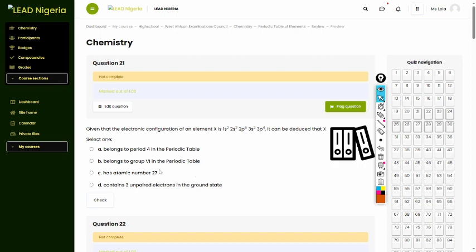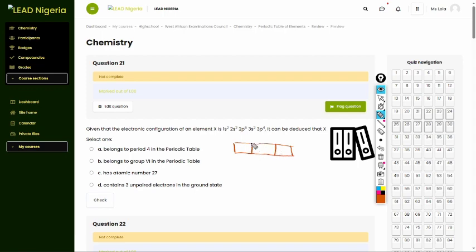So does it have 3 unpaired electrons in the ground state? We can find out by drawing the p orbital and fitting in the 4 electrons to see how many unpaired electrons there are. So we can just quickly check that for future reference. So the p orbital can have 3 sections this way.